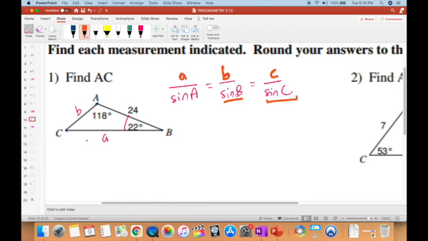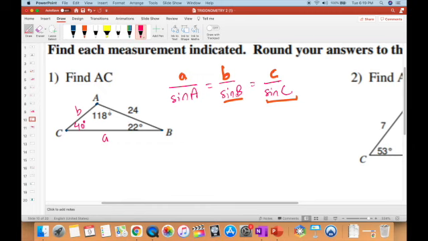So I can't find the side A just yet. But I could find the angle C. Where's the angle C? 40 degrees. Because angles inside a triangle add up to 180.